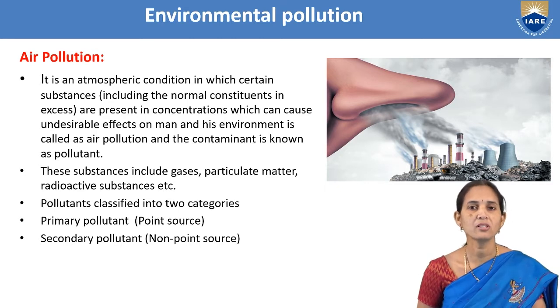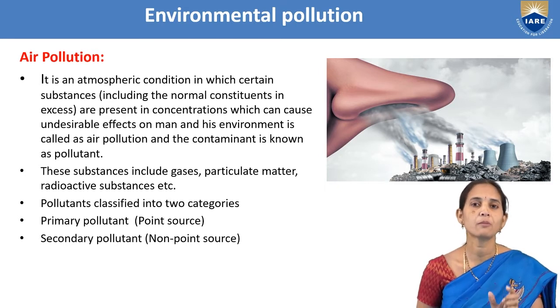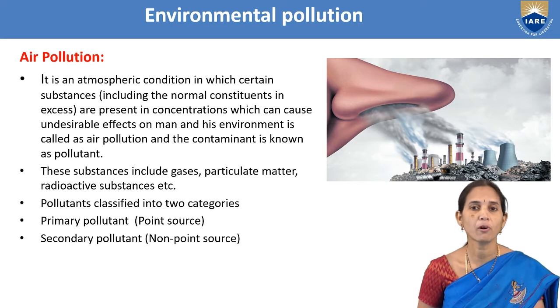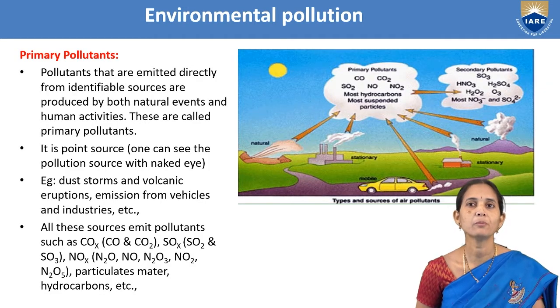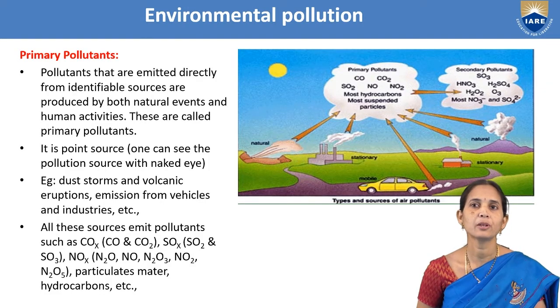What is the pollutant here? Carbon monoxide is the pollutant. Pollutants are classified into two categories: primary pollutants, which come from point sources, and secondary pollutants, from non-point sources. Primary pollutants are emitted directly from both natural events and human activities.